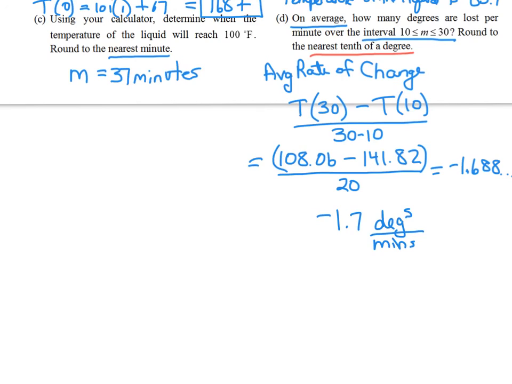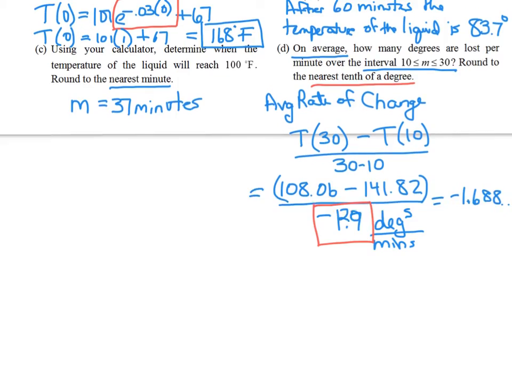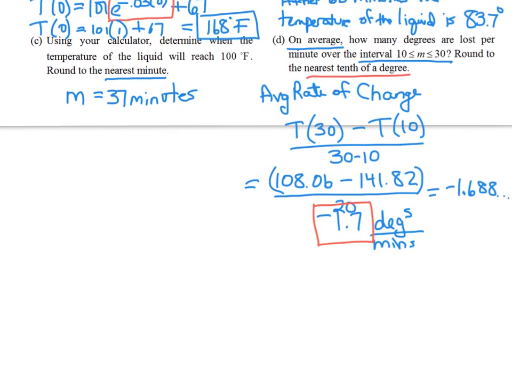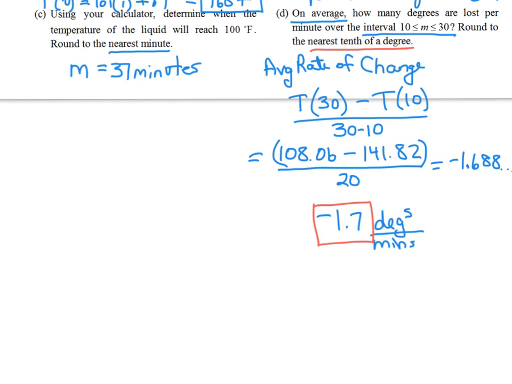Again, we notice that we had a negative answer because this function happened to show exponential decay. Look carefully back at your original function and see if you can see why it makes sense that this is exponential decay.